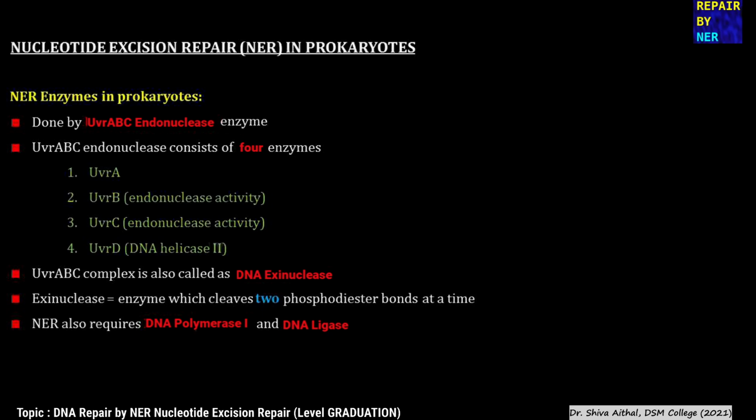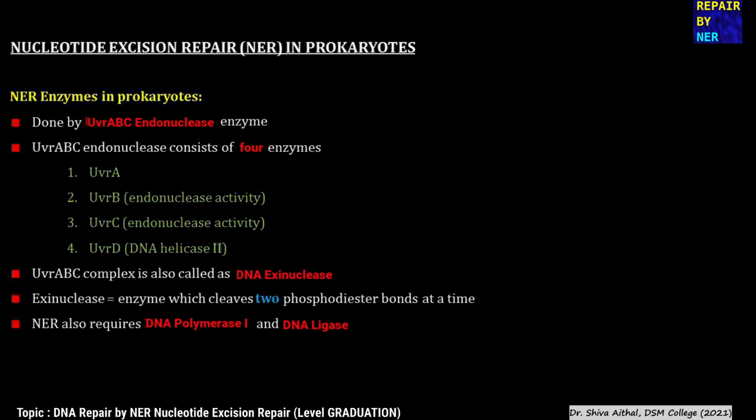This whole complex is called DNA excinuclease. Endonucleases are those enzymes which recognize free ends of the DNA. DNA is basically covalently closed and circular. But if there is a nick in the DNA and some free ends are there, these free ends are immediately recognized by the endonuclease enzyme and they are degraded.